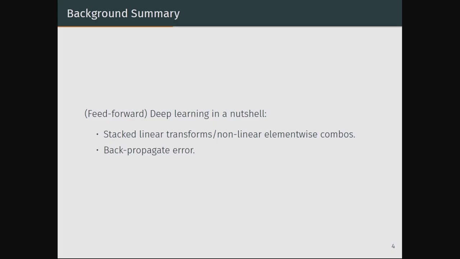So in a nutshell, for this short review, feed-forward deep learning is stacked linear transforms, and then nonlinear element-wise transformations. So just combinations of that over and over and over again.